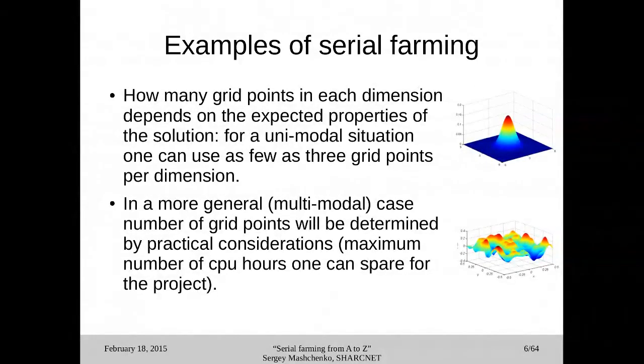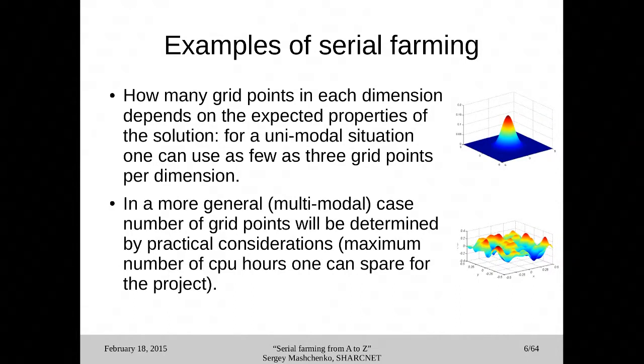Using a two-dimensional simplified example, the first point on this slide shows a unimodal situation. If you know you have just one global maximum or minimum inside your multidimensional parameter space, then you can have a grid, maybe having as few as 3 grid points in each dimension, which results in a feasible number of code computations you need to do.